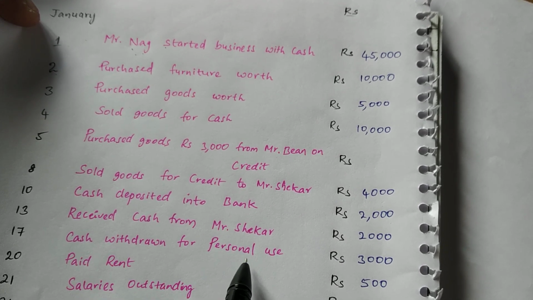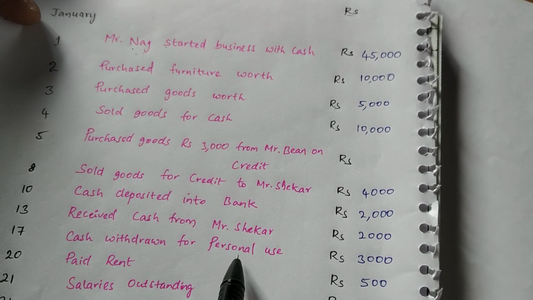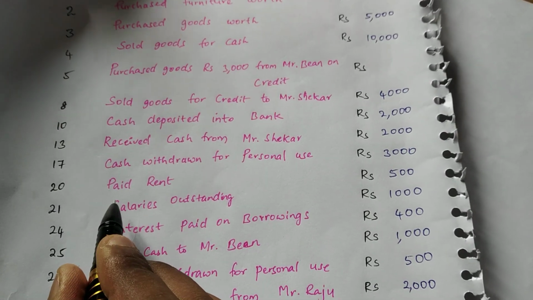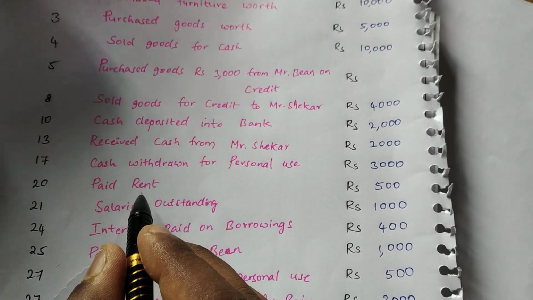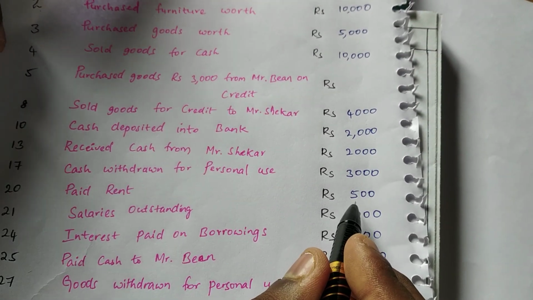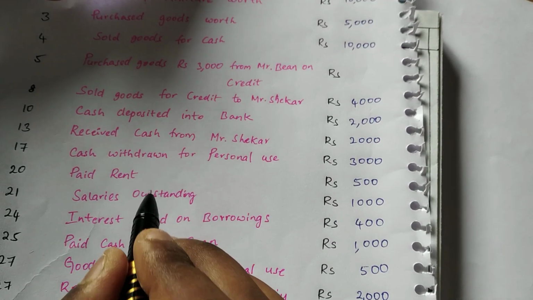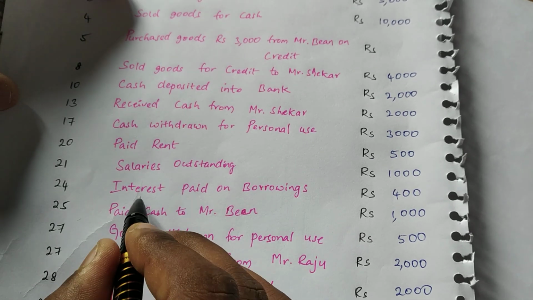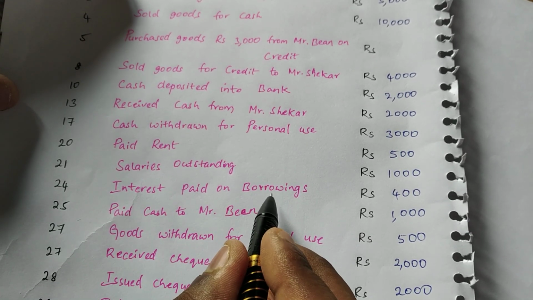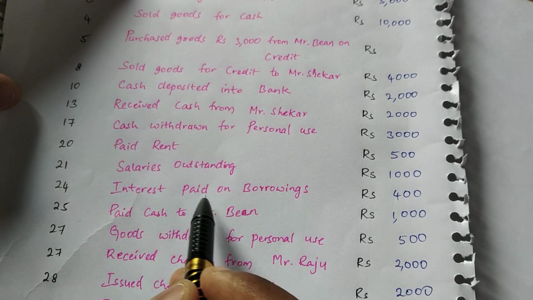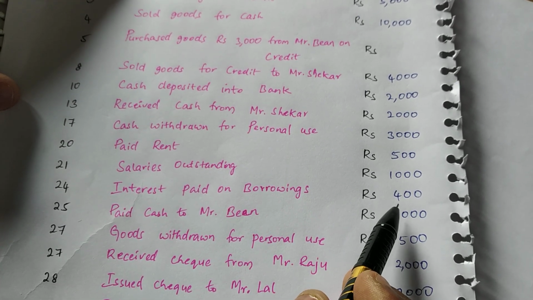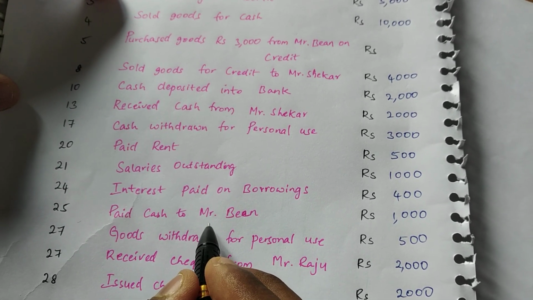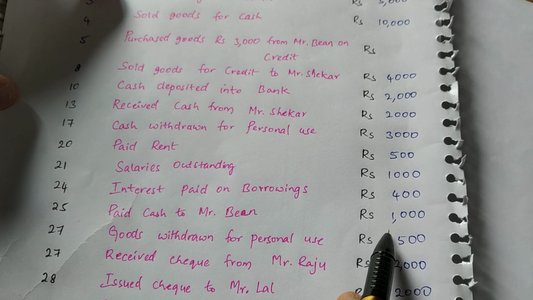Cash withdrawn for personal use, 3,000 rupees. Paid rent, 500. Salaries outstanding, rupees 1,000. Interest paid on borrowings, rupees 400. Paid cash to Mr. Bean, rupees 1,000.